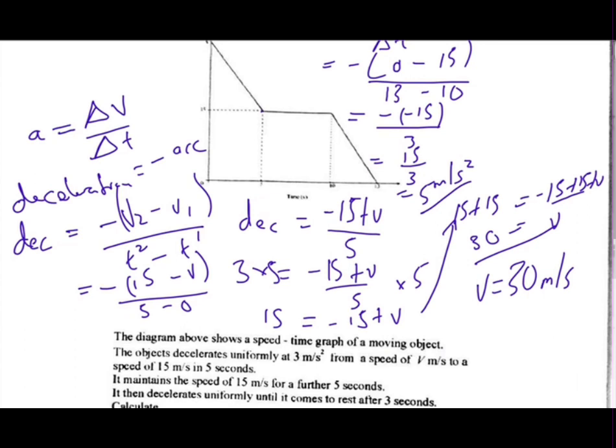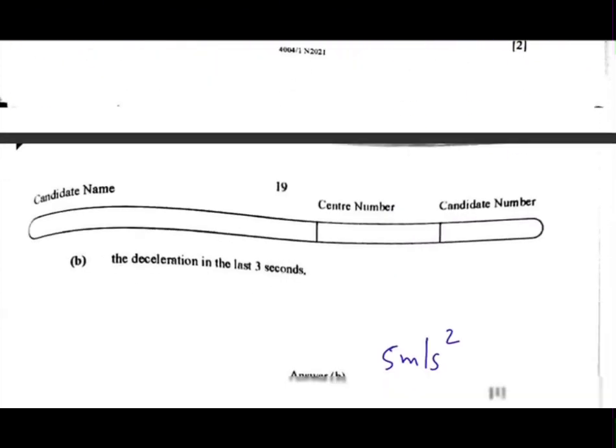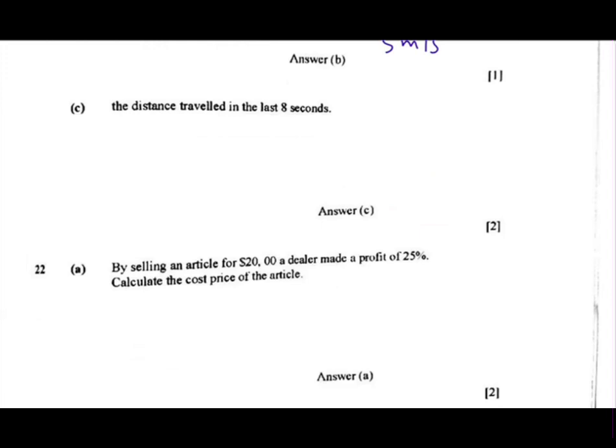For us to be able to calculate the distance traveled in the last 8 seconds, we need to calculate the area under the graph, okay, which would be the area of a trapezium. So the distance traveled can be given by distance is equal to area under graph.